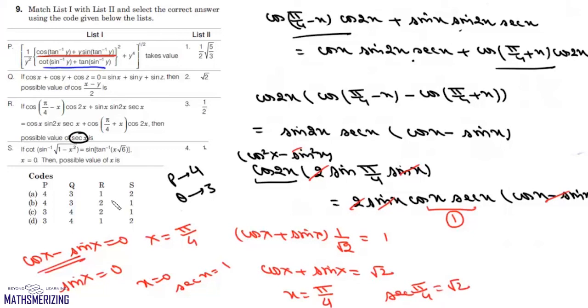So this R matches with either 4 or 2, but there's no 4 given in this column. So we'll take R matches with 2. So P is 4, Q is 3, R is 2, and that's your option B. But we'll still verify this S.